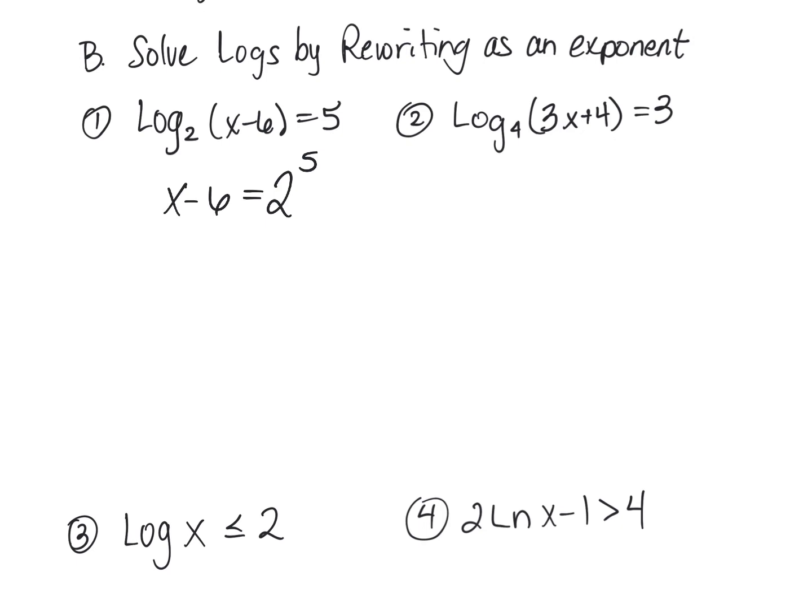So we're rewriting as an exponent. And now, do I know what 2 to the 5th is? 32. And then I can add 6, and we get x equals 38. If I plug that in, is what's inside the log positive? Yes. So it's good.